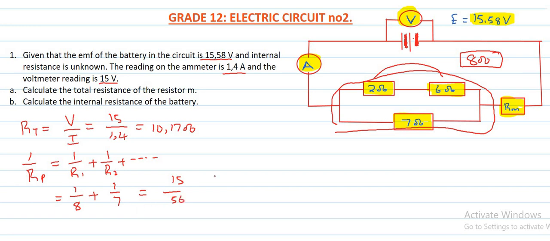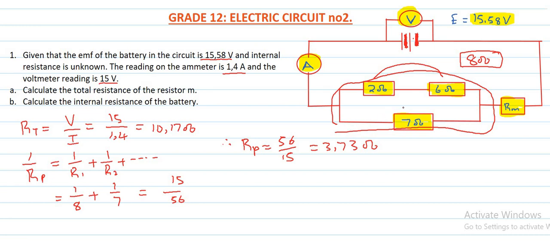This is not R parallel, therefore R parallel will be given by 56 over 15. 56 over 15 is the same as 3.73 ohms.